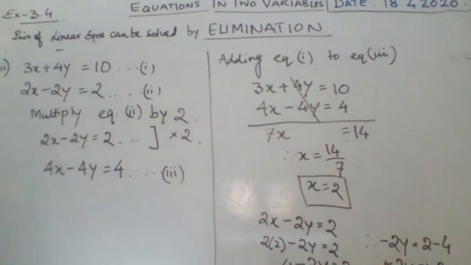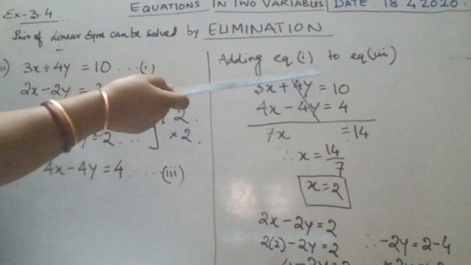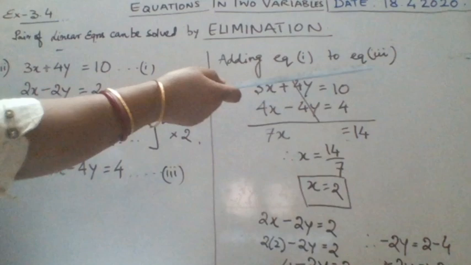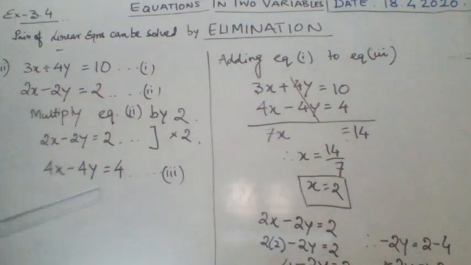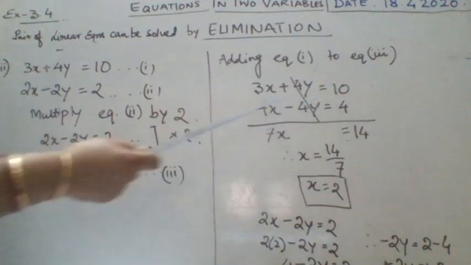Now, this is the third equation. The third equation and first equation, the coefficients of y are same and they are of opposite sign. So we go for adding equation number 1 to equation number 3. Equation number 1 is your 3x plus 4y equal to 10, that is the given one, and 4x minus 4y equal to 4 you have obtained by multiplying the second equation by 2.